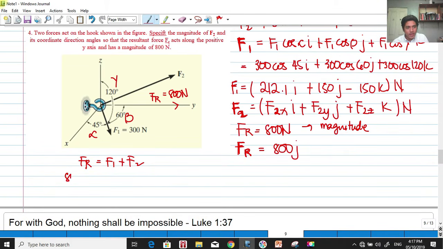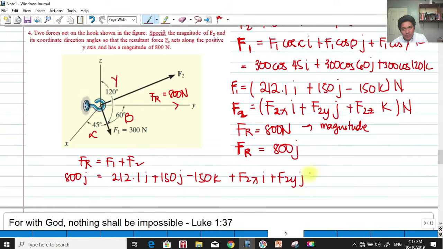So 800j is equal to 212.1i plus 150j minus 150k plus F2x i plus F2y j plus F2z k.